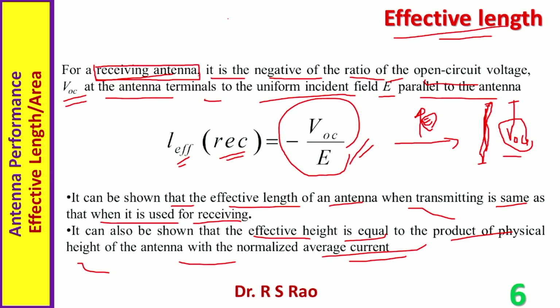When the antenna is in transmitting mode, how is effective length defined? This is the actual antenna.